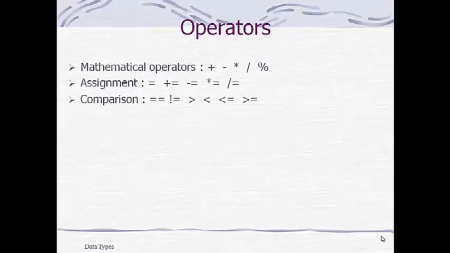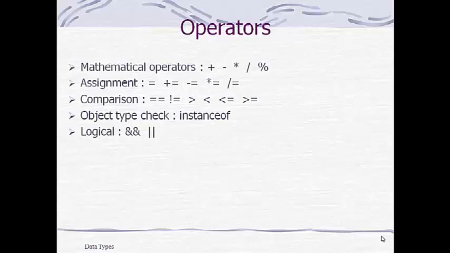Comparison: equal, not equal, greater than, less than equal to, greater than equal to. To check the type of an object, there is an operator called instanceof.